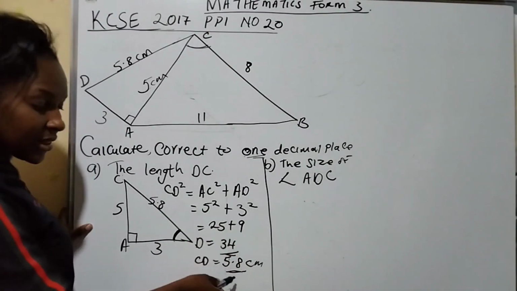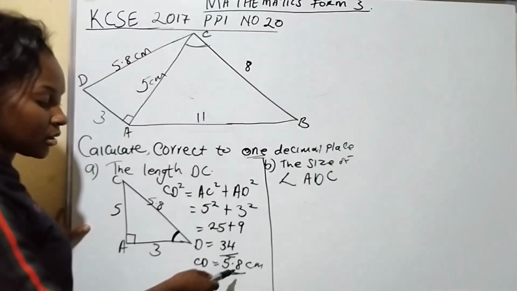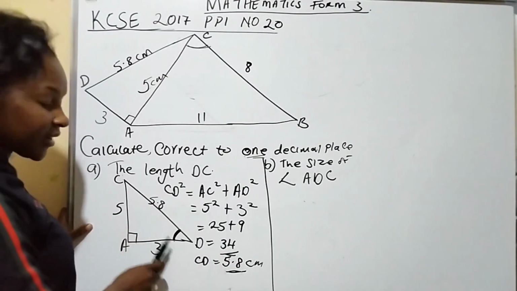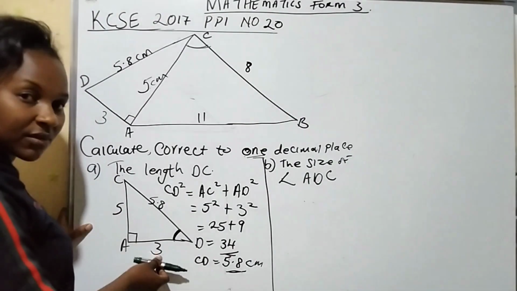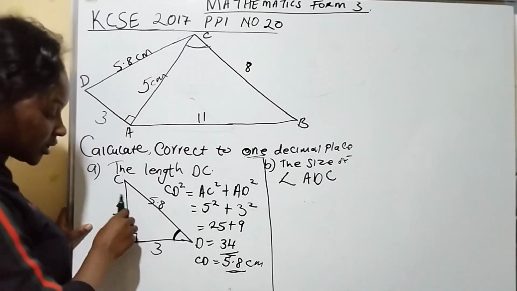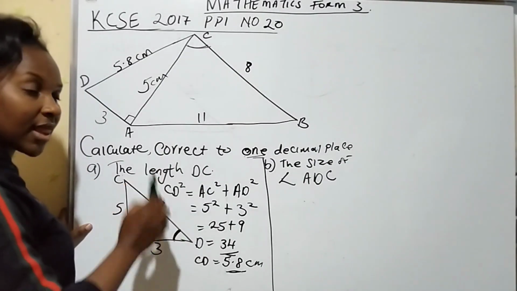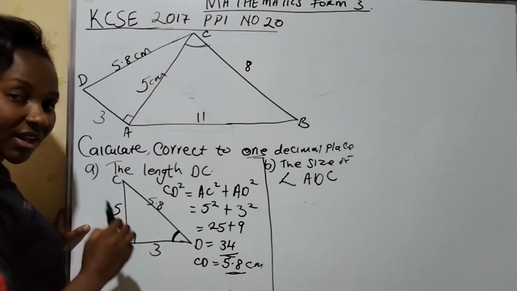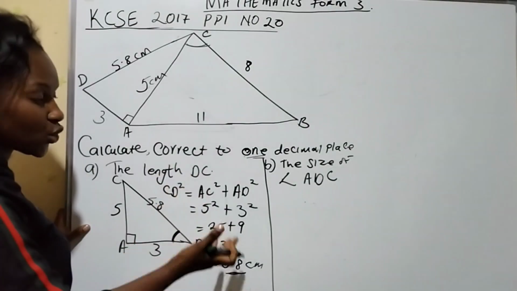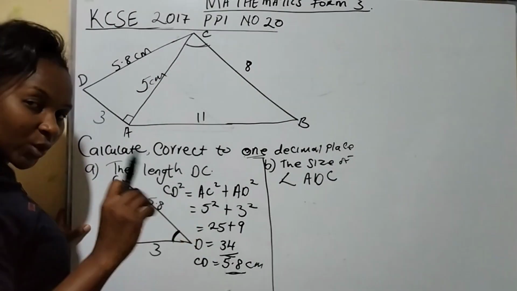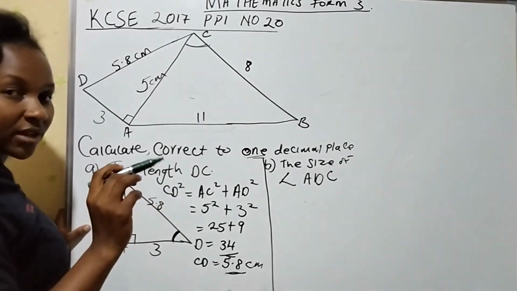Like in this example of ours, we can make a mistake somewhere, but whatever the examiner has given us is very accurate. If the examiner had not given us the measurements, then we can use the other measurements that we have found, making sure that we are very careful in each and every step of our way.